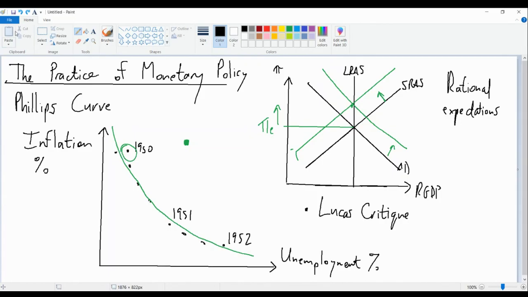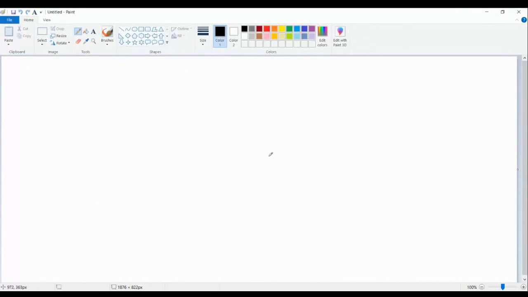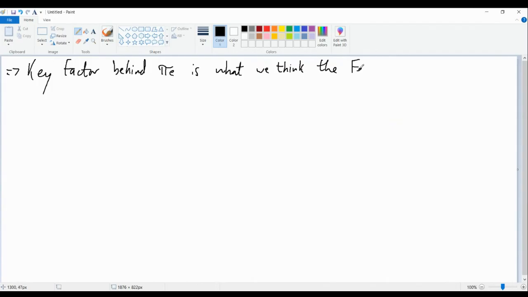So let's take that idea and run with it. So the key factor behind the formation of our inflationary expectations is what we think the Fed will do.